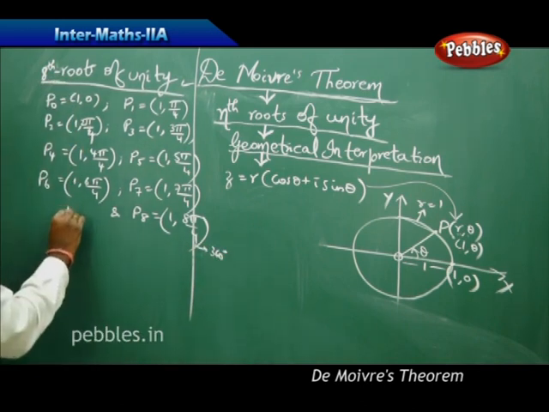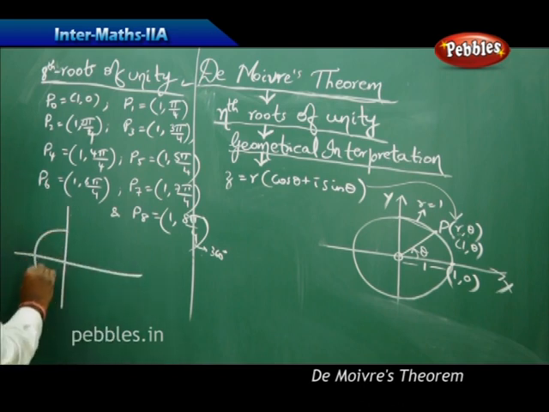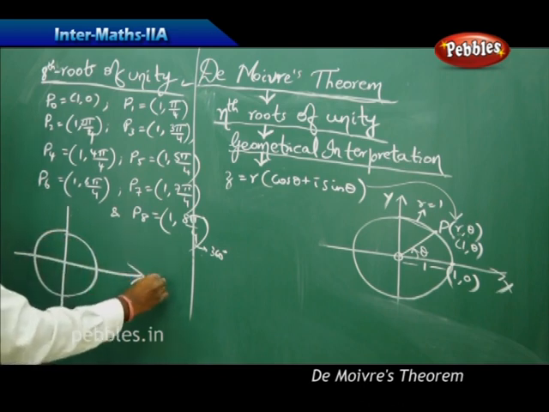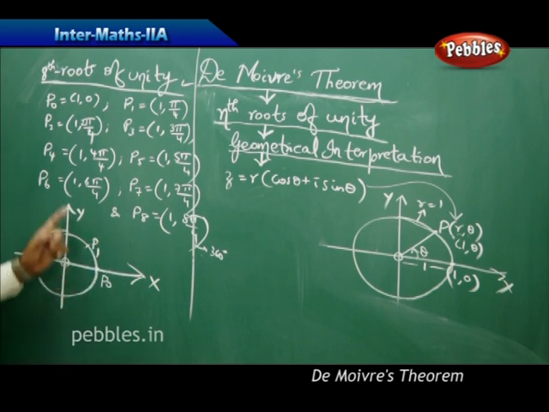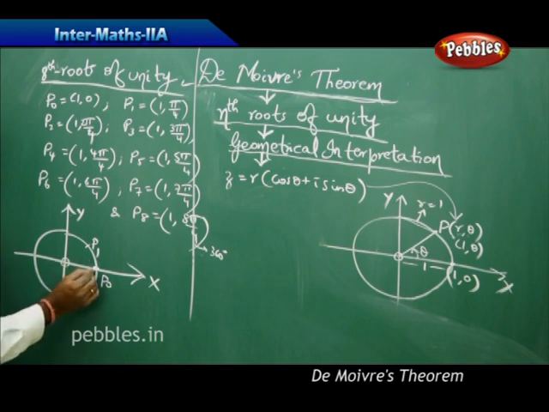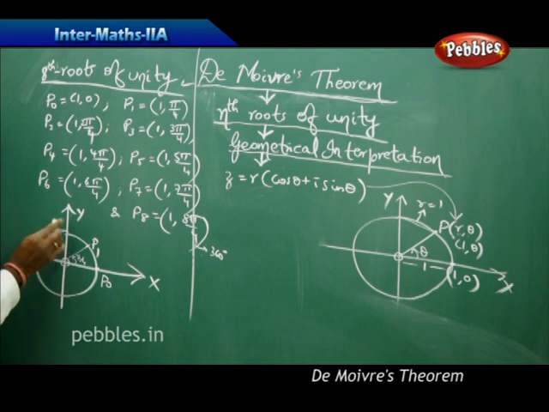That is, when I take a unit circle with radius 1 and center as origin, I have my p naught, which is here, my p1, which is here, because 1 pi by 4 is exactly 1 unit from here, and with polar coordinate of pi by 4 is 45 degrees out here.